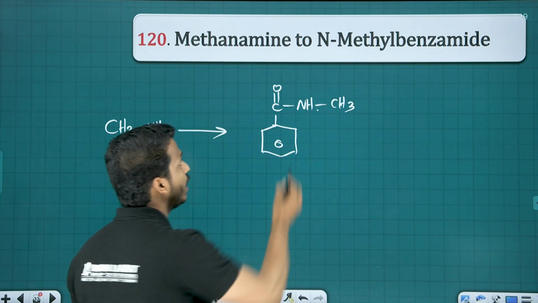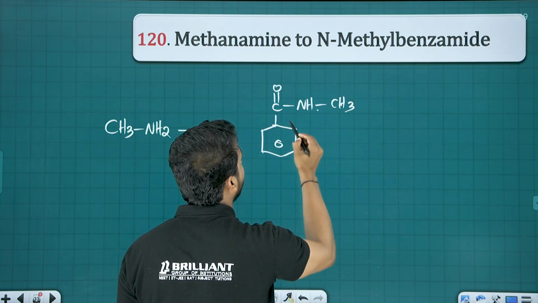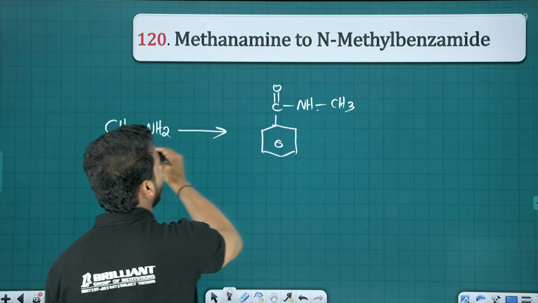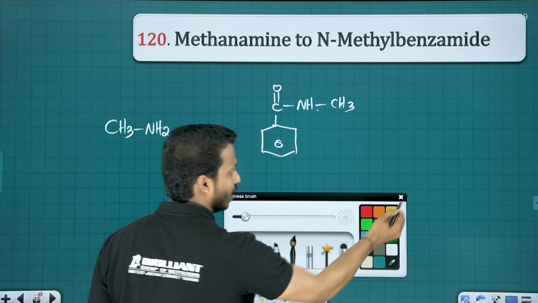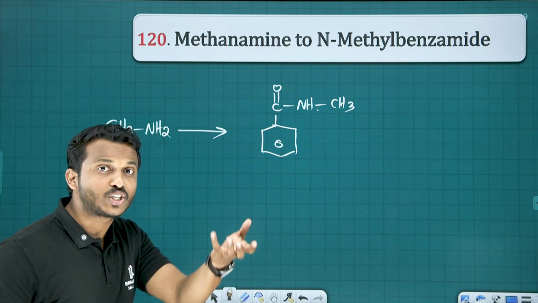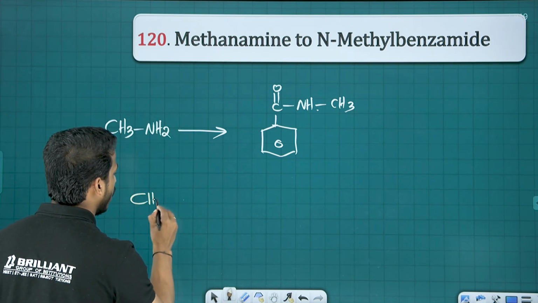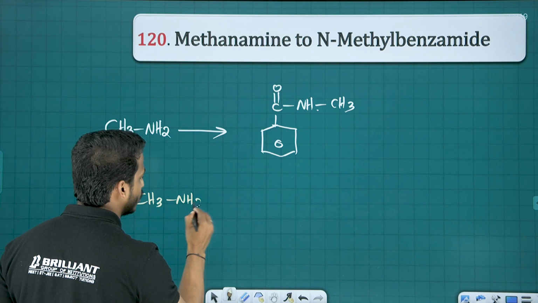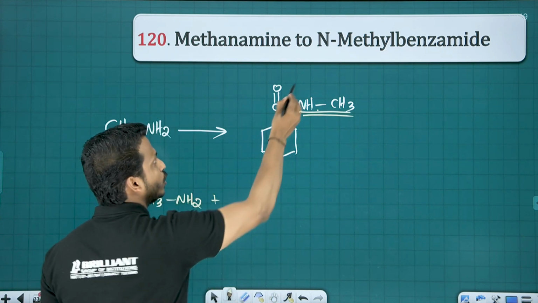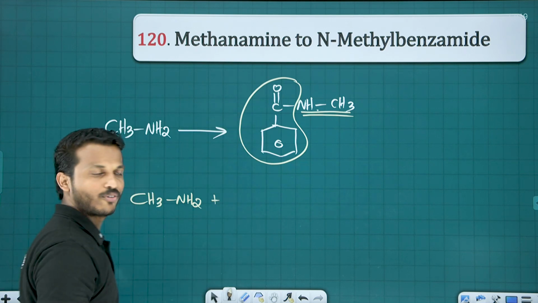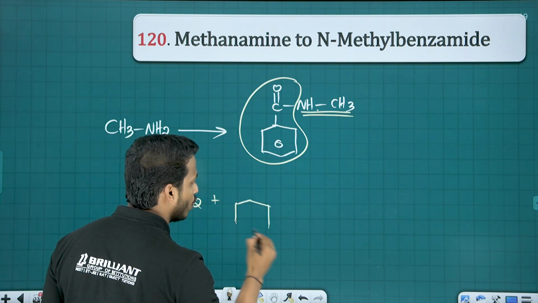So how will you convert methanamine to N-methylbenzamide? What is this reaction, dear? This is acylation. We are taking the CH3NH2 here. This CH3NH2 is already here, so this part is extra. That part comes from benzoylation.